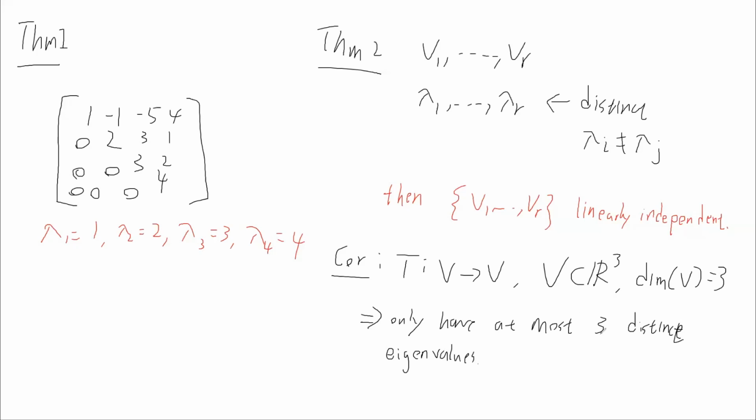Sometimes you will have repeated eigenvalues, but we're just saying at most we will have 3 distinct eigenvalues.